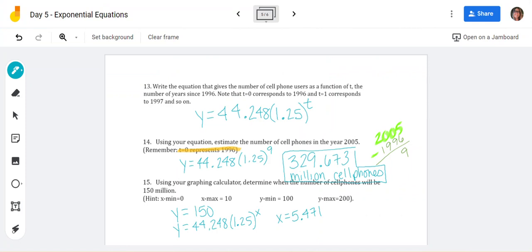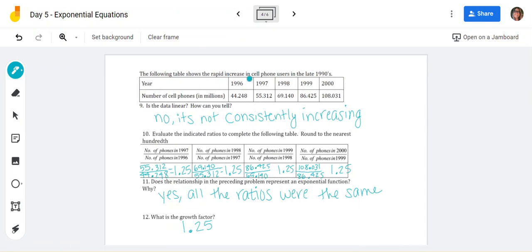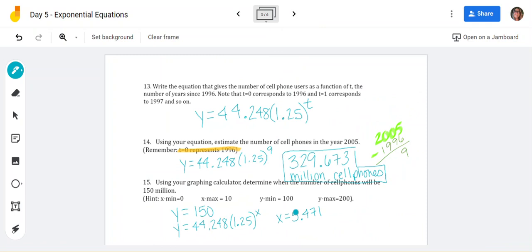All right, so this asks us when, and let's think back to how everything was written. We were given years, not like number of years. So since we started in 1996, and this is approximately 5 years later, we would say in 2001.